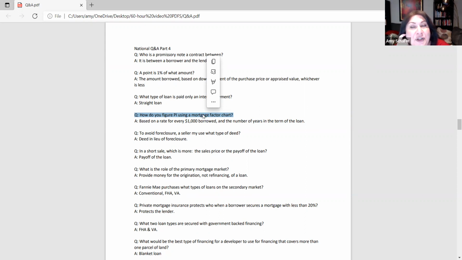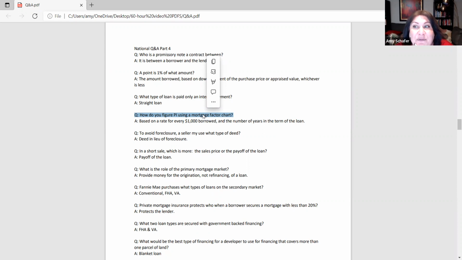The mortgage factor number is determined by the term of the loan, which is the length of the loan, and the interest rate. It'll give you a mortgage factor number, and you'll multiply that by the number of 1,000s they're borrowing.